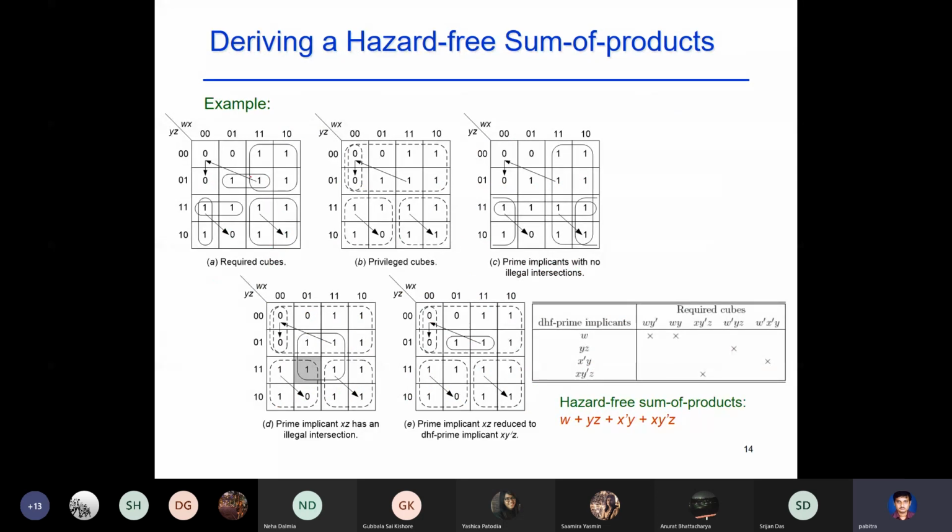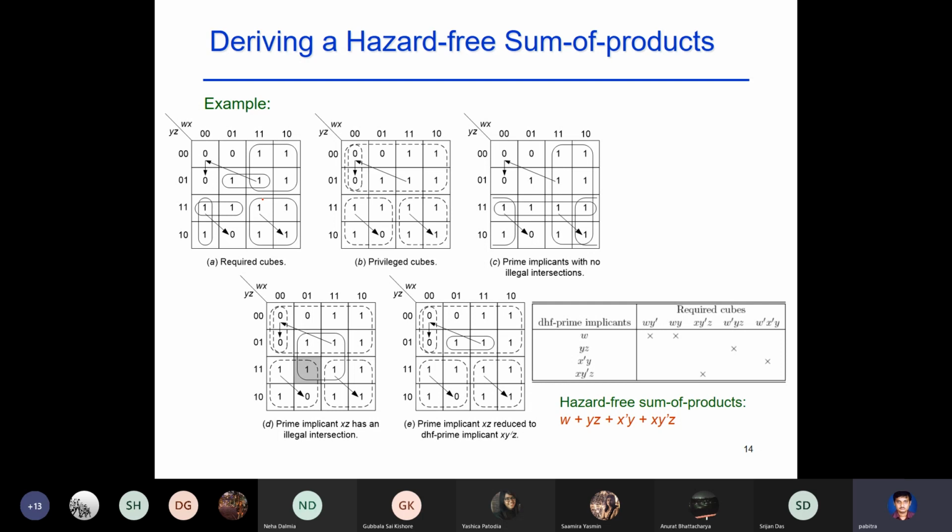If you look at this chart, this is a MIC in the sense that this transition, this transition, this transition, and all these MIC transitions can happen. These arrows represent the MIC transitions. In the first figure A, all the cubes that we have drawn are required cubes, because they are covering the adjacent things.